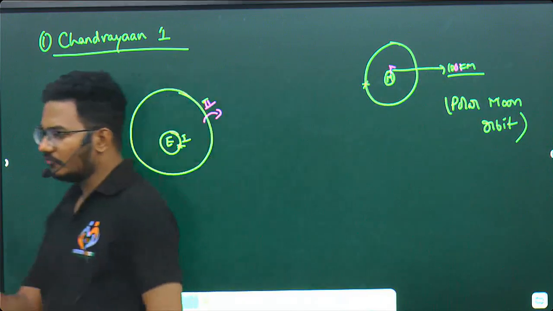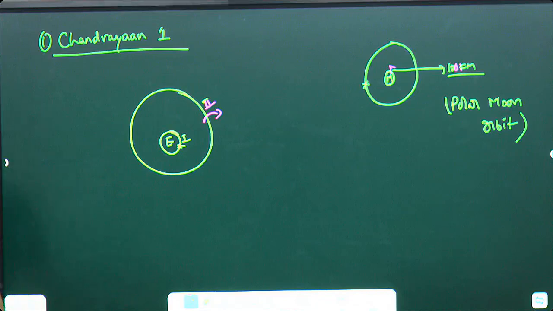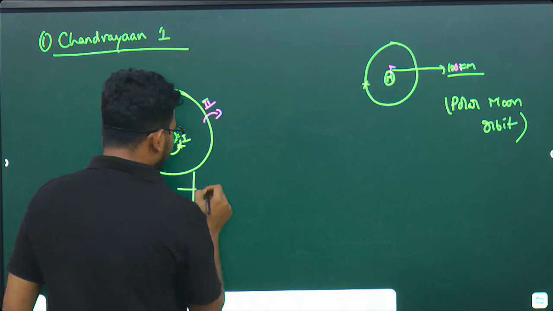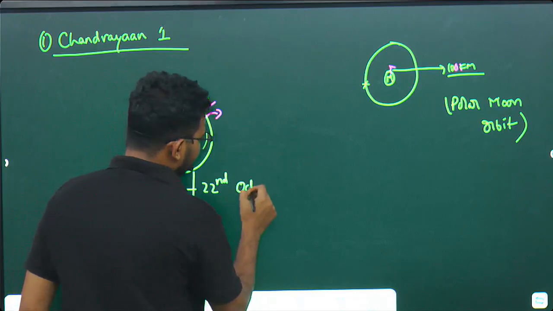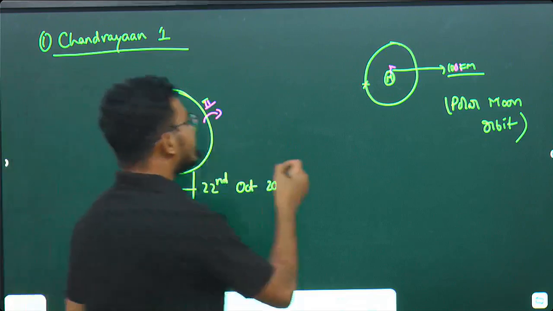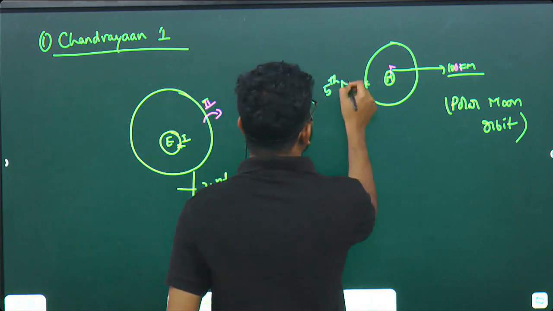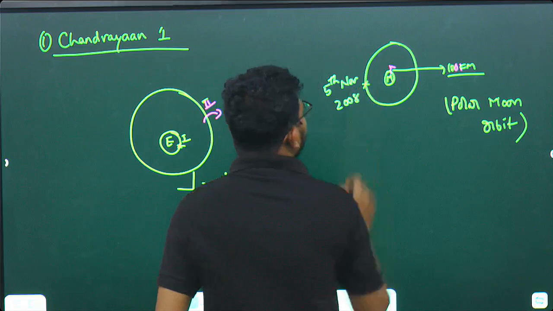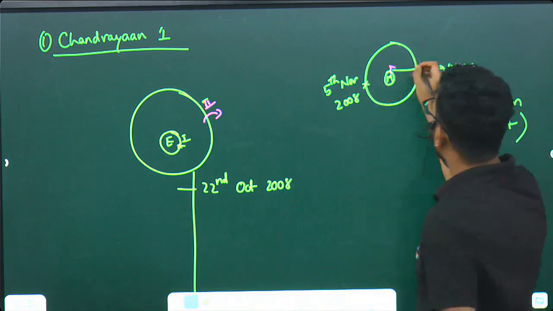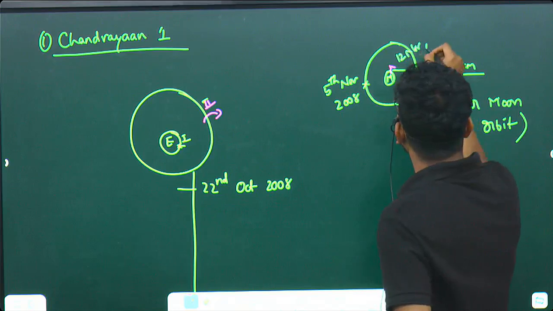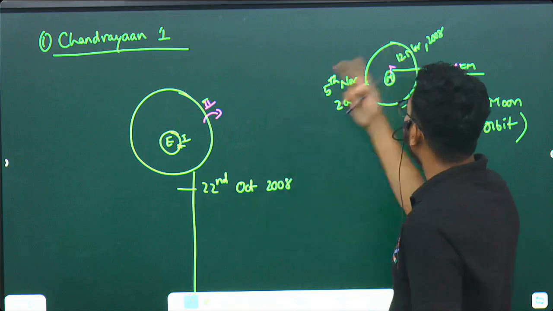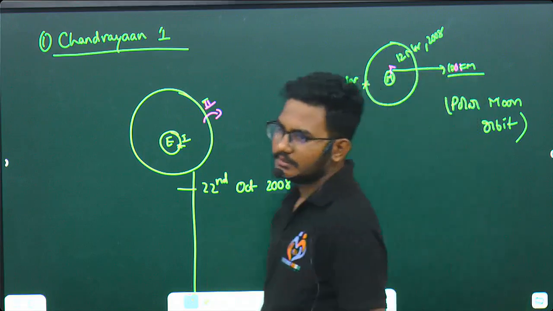So what happens is, I have told you 4 dates. Okay, in that, see, we started with, this date you need to remember, 22nd October 2008. Okay, and it has reached the Moon on 5th November 2008, and it has reached the orbit. It was injected into the orbit on 12th November 2008, which means how many days it took? 20 days.